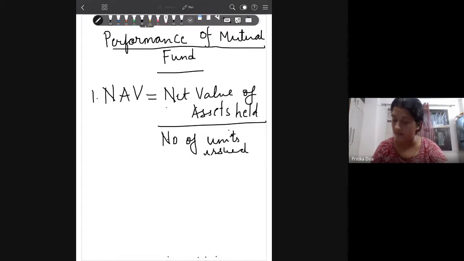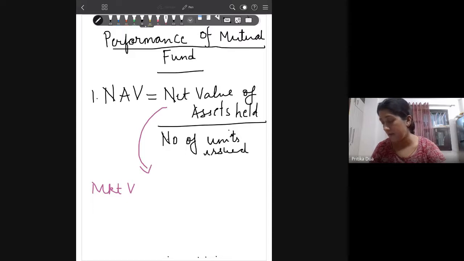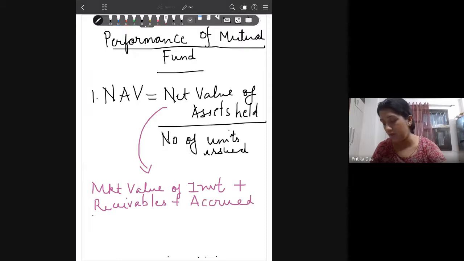So this term is nothing but the market value of the investments, any receivables under the scheme, any accrued income, so income which is due but has not yet been received, minus outstanding liabilities.